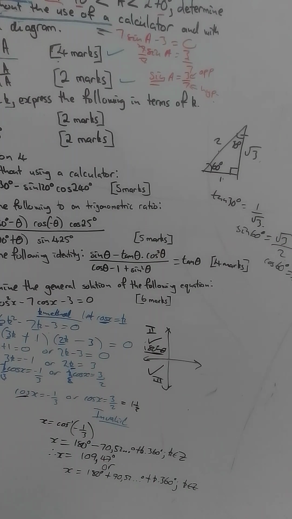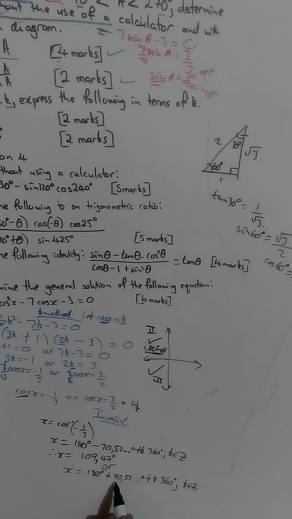So now I say 180 plus 70 gives me 250. So x is equal to 250 degrees 53, right? 53 degrees. Then I say plus k multiplied by 360, and they are elements of integers. And once I've done this, I'm done. Then I get my full 6 marks.